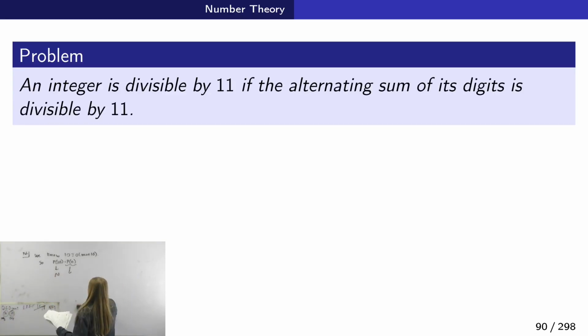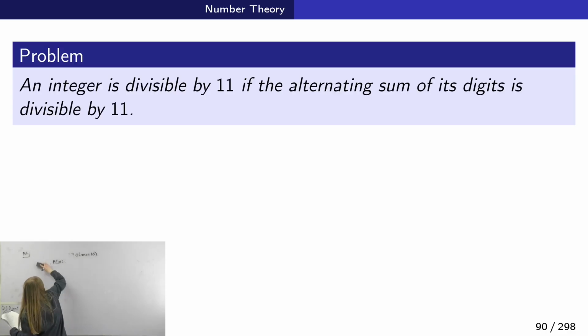All right, now this one's cool. Okay, 11. Very cool. You can do this one in a couple of different ways. I just picked, I think, the coolest way to do it. So we know that 1 is congruent to 1 mod 11.